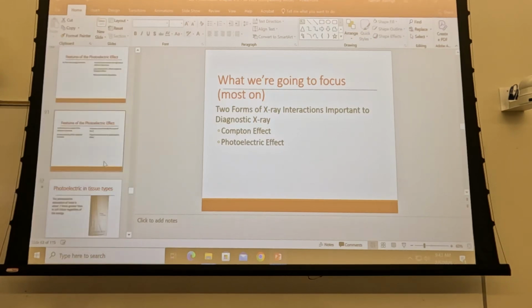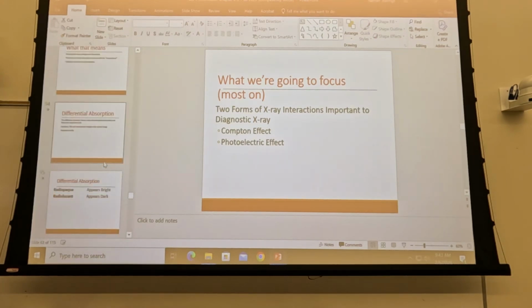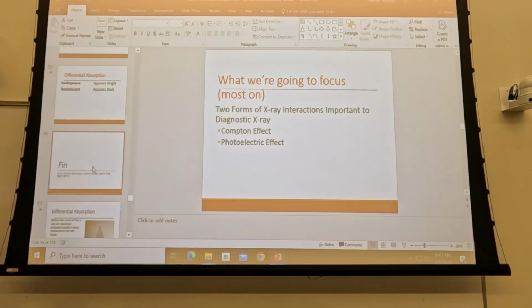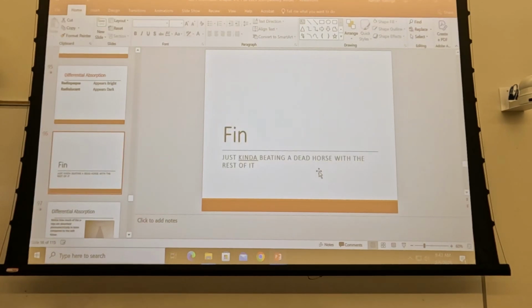I don't know if you had an opportunity to look at your packet or not, but I got to this point and the rest of it is just beating a dead horse. It's in your packet so that you can look it over if you really want to, but we just covered and you just tested over the interaction types. So those are the interactions that we're going to focus on.